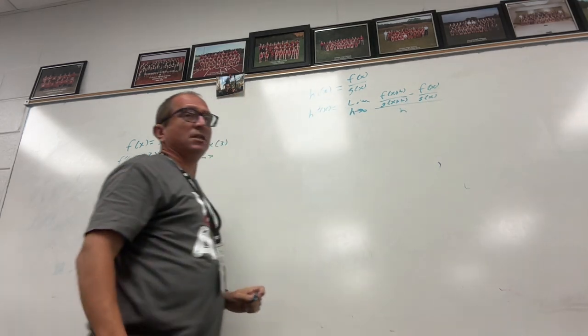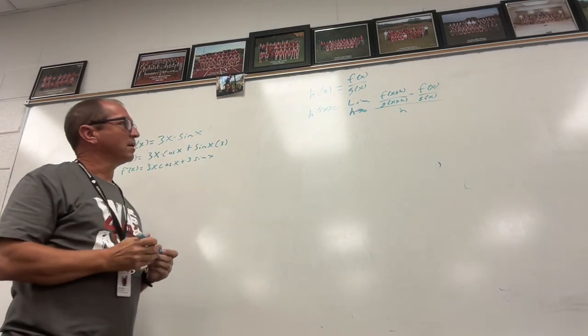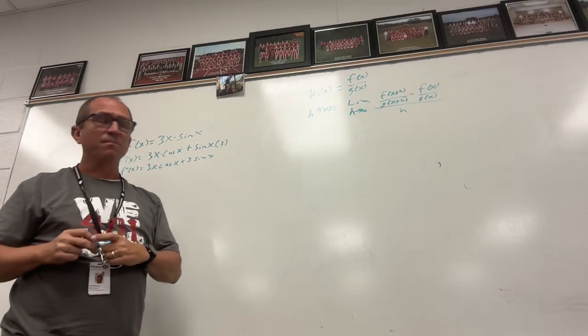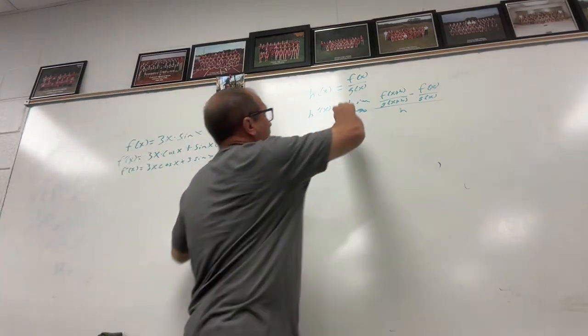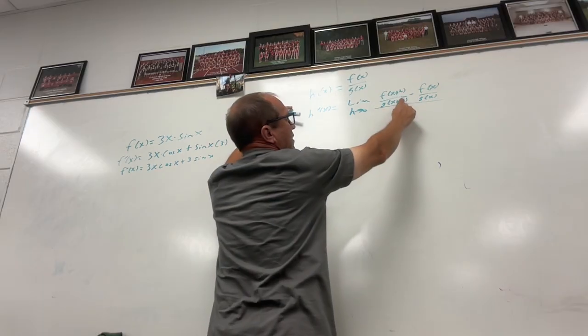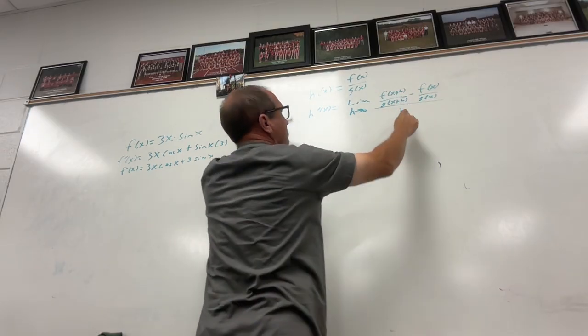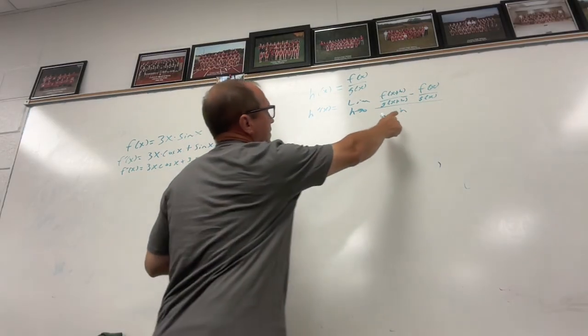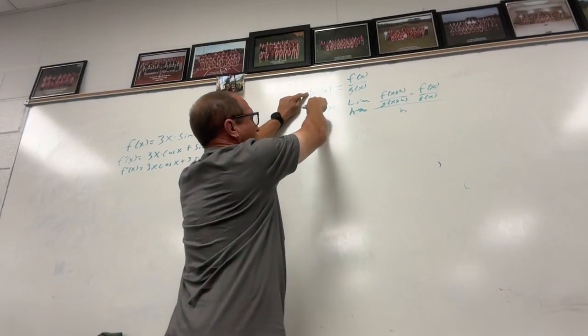Again, that's just the limit definition of the derivative. h of x is f of x over g of x, so this is h of x plus h minus h of x over h, and this h right here is not the same h as this h here.